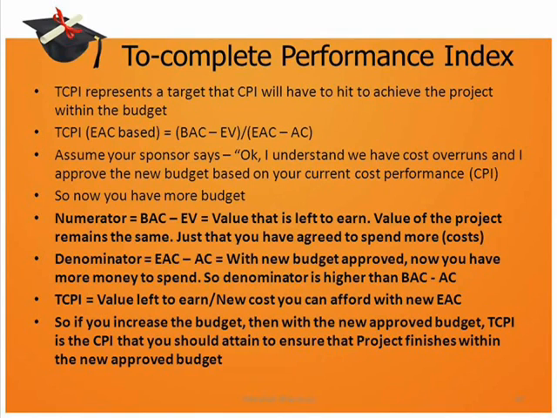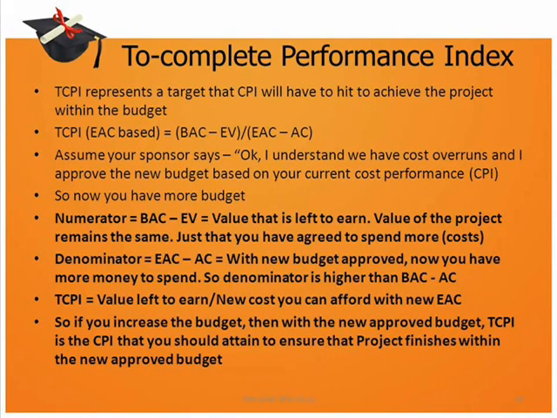Because if you are spending more, your costs are more, that does not change the value the project holds. So if you modify your budget, then it becomes EAC. Then you have a look at the denominator. Denominator is equal to EAC minus AC. So BAC, budget at completion, has been replaced by estimate at completion. Now with the new budget approved, you will obviously have more cost to spend than what you were spending if the budget had been BAC.